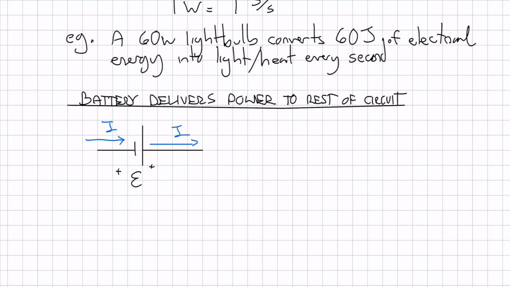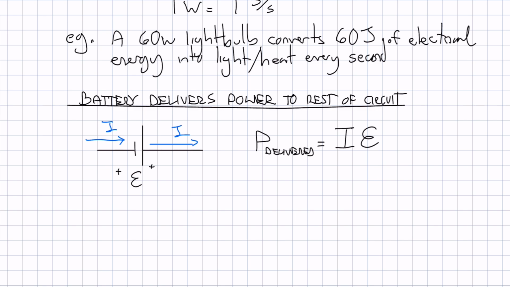So, how can we calculate this power? It turns out the power delivered by a battery can be calculated by multiplying the battery voltage by the current drawn from the battery. Please note that since the current that's drawn from the battery depends on the load of the circuit, the power delivered can change depending on the situation.